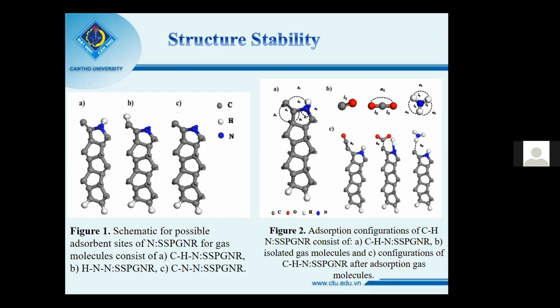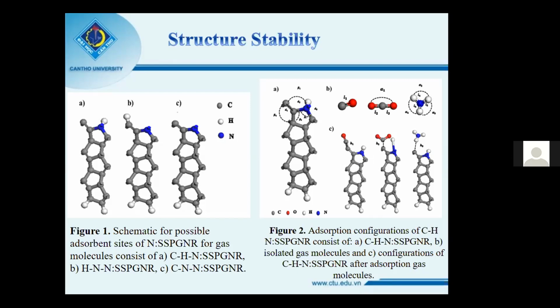B. Removing a passive hydrogen atom at the top of the nitrogen atom. C. Removing a passive hydrogen atom on the edge of the nanoribbon.